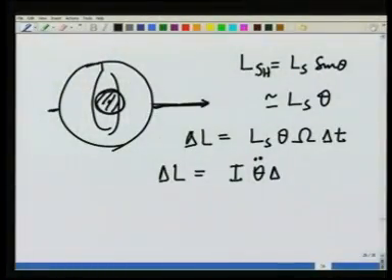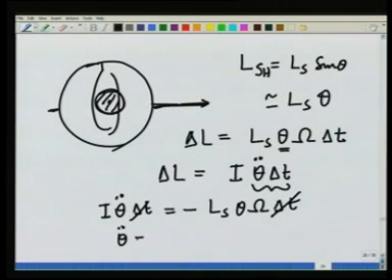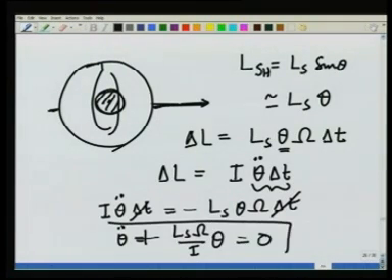This is I omega in the direction opposite to theta, and therefore, I should have I theta double dot delta t is equal to minus Ls theta omega delta t. This cancels, and I get an equation for theta: theta double dot plus Ls omega over I theta is equal to 0. This is like a harmonic oscillator equation, and therefore, if it is spinning and I make an omega, it should oscillate about that omega axis.